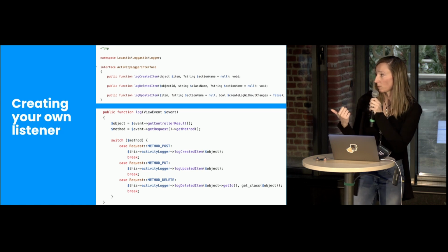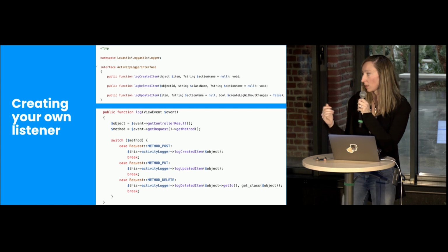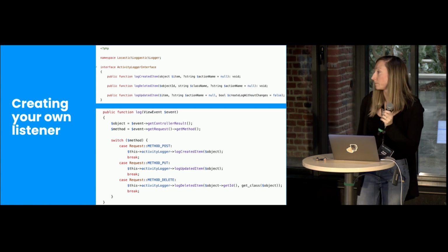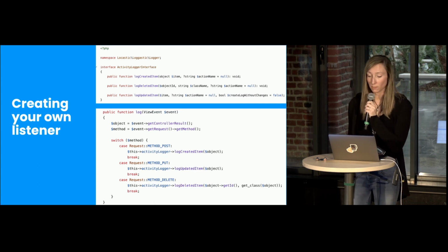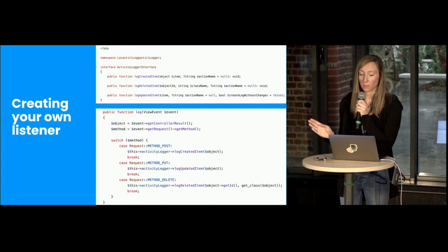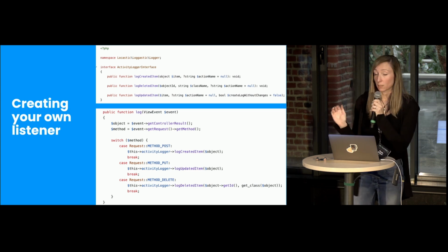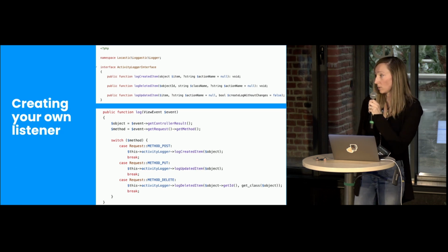If it is a post, we log created item, for put, updated item, and for delete, deleted item. Of course, this is just an example. For example, if you're using Sylius, maybe you can use their resource events in order to save those, or you can just not have any listener and decide to trigger log saving across your code logic wherever you think it's best.